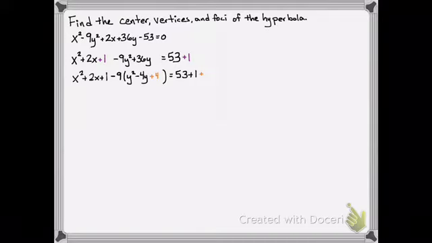What I'm really adding, or in this case subtracting, because that negative 9 is out in front, that negative 9 is going to multiply that 4. So I didn't actually add 4. I actually subtracted 36. And so that's what I need to tack on over here.